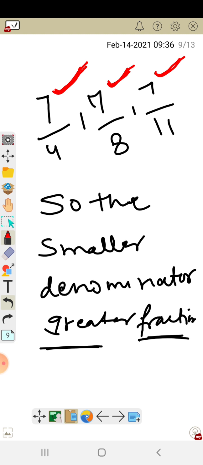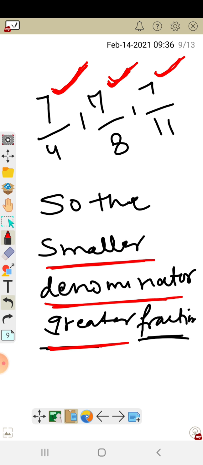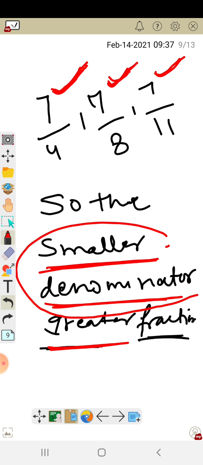When the numerator is the same, which one is greater? The one with the smaller denominator is the greater fraction. The denominators here are 11, 8 and 4, so 4 is the smallest, and this one is greater.